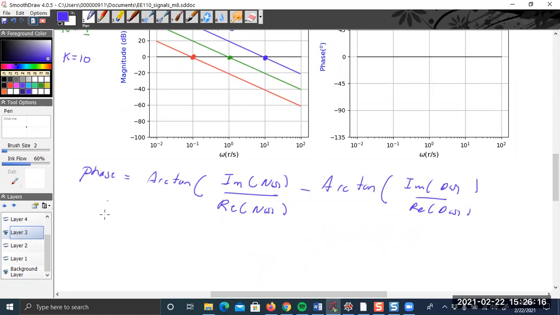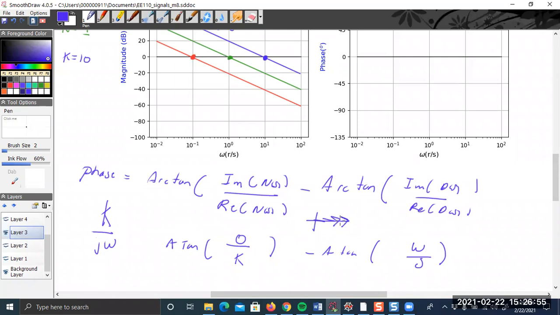So just recalling, we had K over J omega because S equals J omega, right? So the numerator, it's all real. So it's 0 over K, right? Here, it's all imaginary, right? So it's omega divided by 0. Again, this is all real.